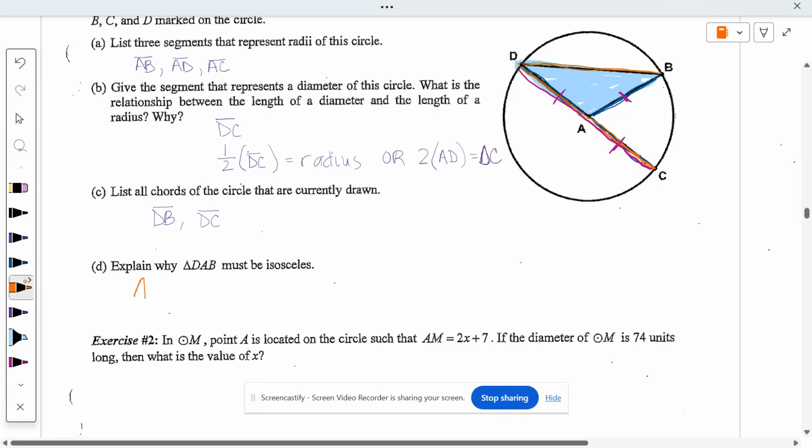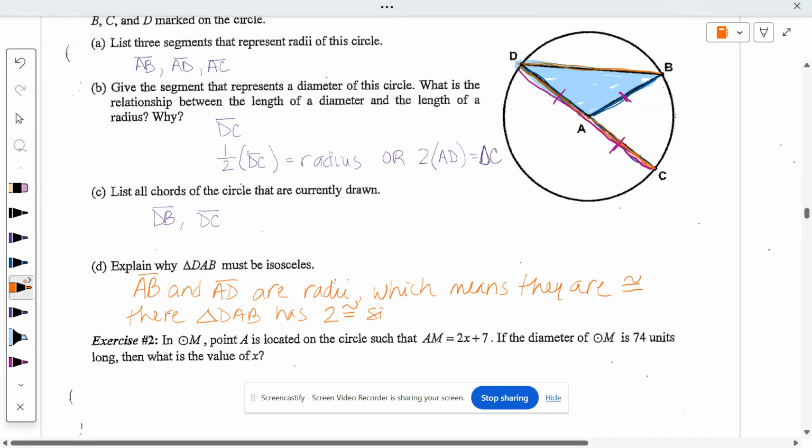So segment AB and segment AD are radii, which means they are congruent. Therefore, triangle DAB has 2 congruent sides, which means that it's an isosceles triangle.